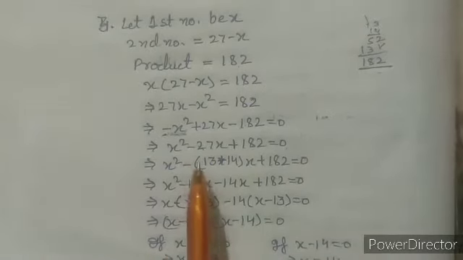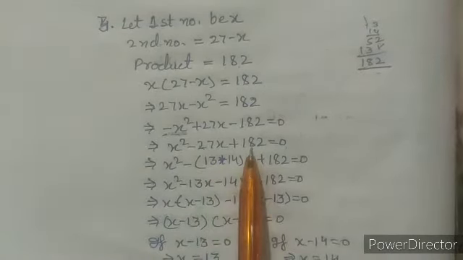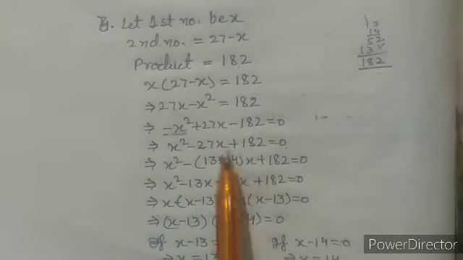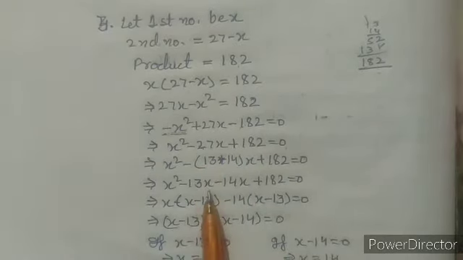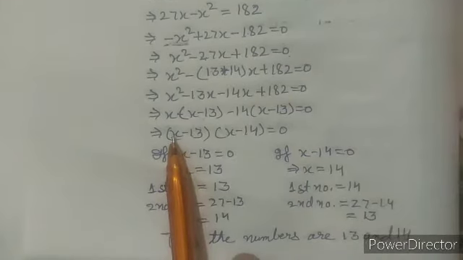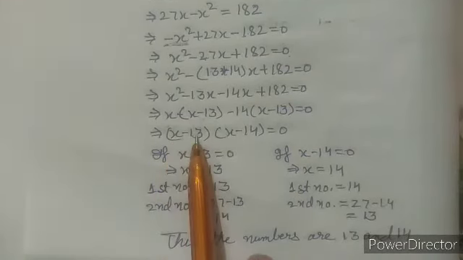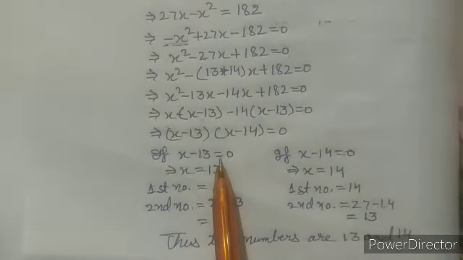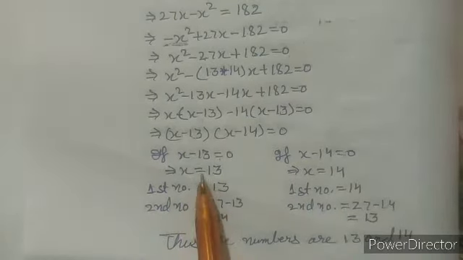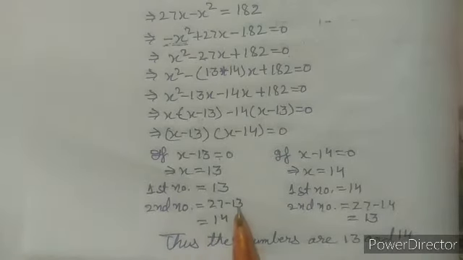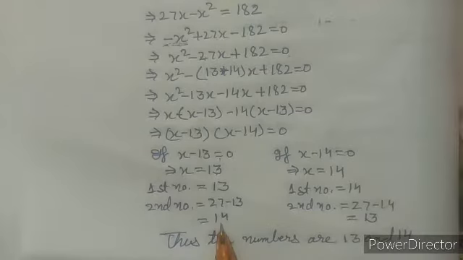As we know, 13 into 14 will give us 182 and 13 plus 14 will be equal to 27. So we will take the factors of 182 as 13 and 14. Now after solving, we get the two factors of the quadratic equation as x minus 13 and x minus 14. If we take x minus 13 as 0, then we get x as 13, that was our first number, and the second number was 27 minus x, and that will give us 14.